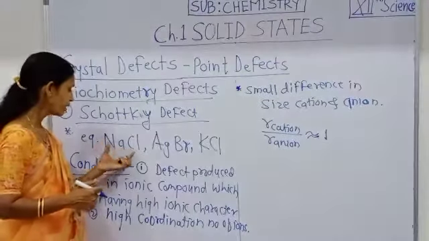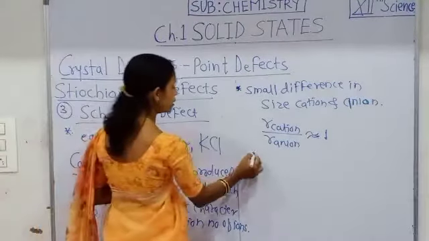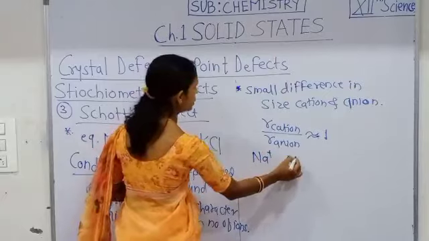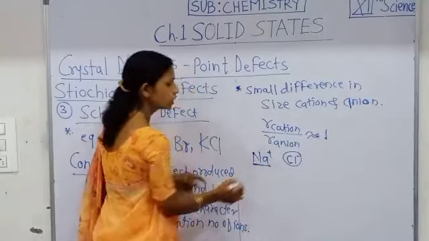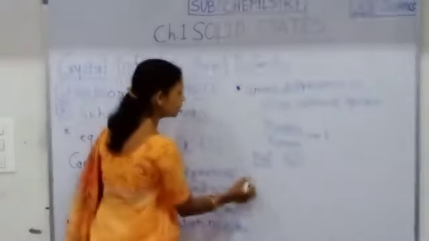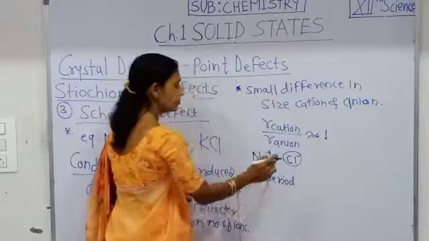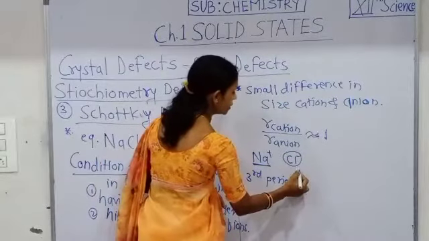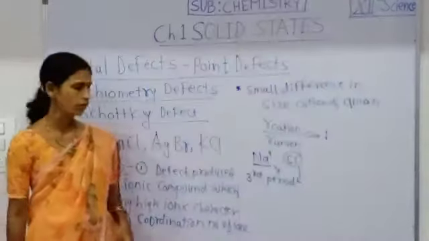Then, see here, in NaCl, Na+ ion is there and Cl- ion is there. Sodium is present in the third period, as well as Cl is also present in the third period of the periodic table.